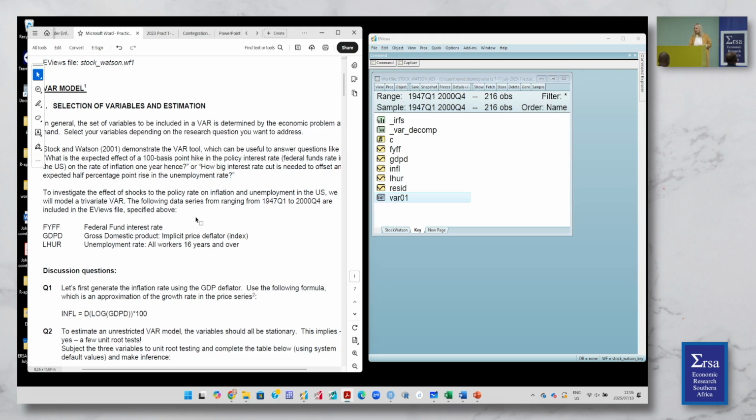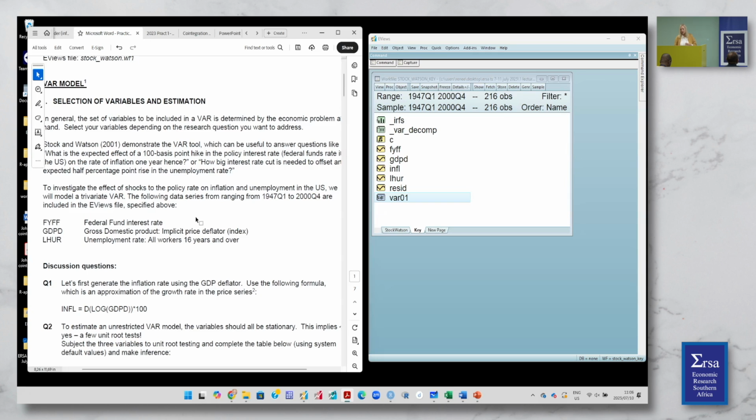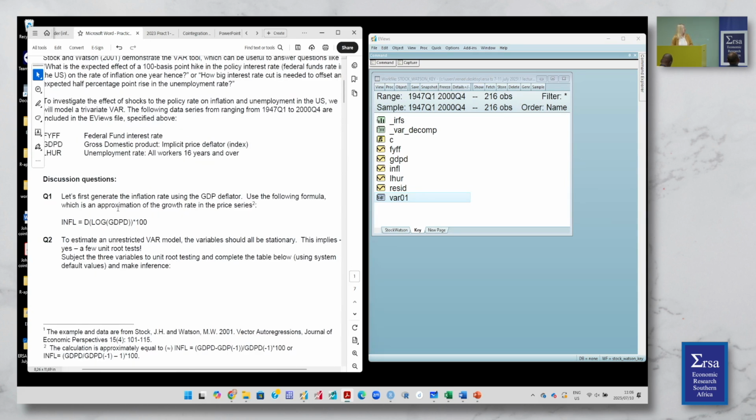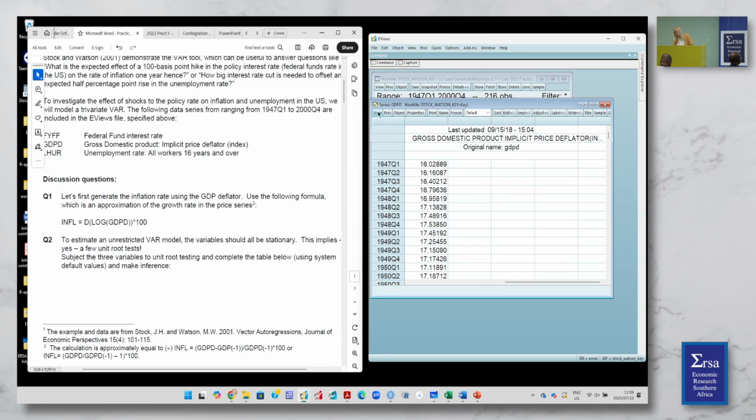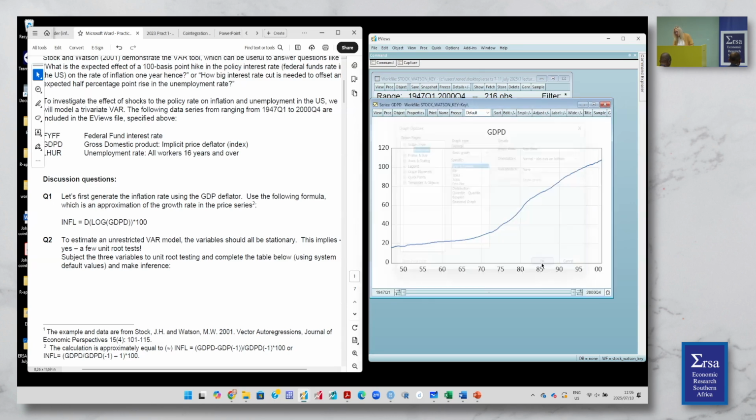So the first thing here is to just generate the inflation from that implicit deflator. So we can already see that I've already done it there. If we just look at the graph of the implicit deflator, typically sometimes it's an exponential trend.